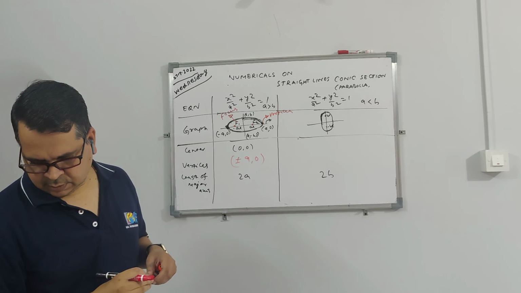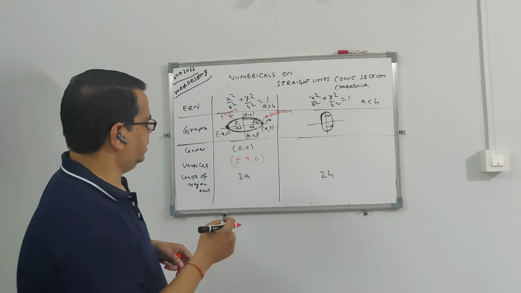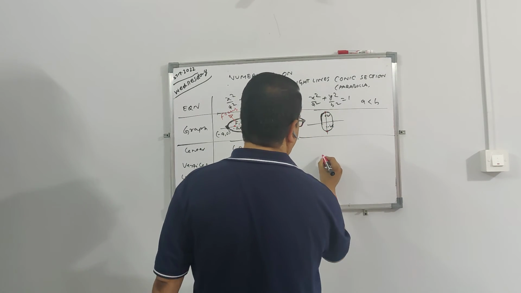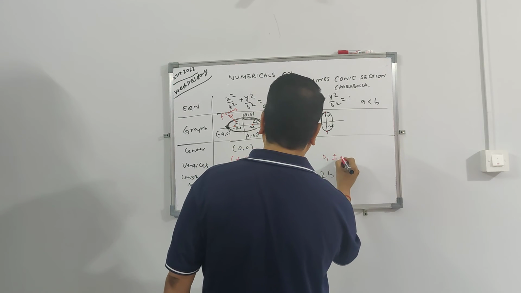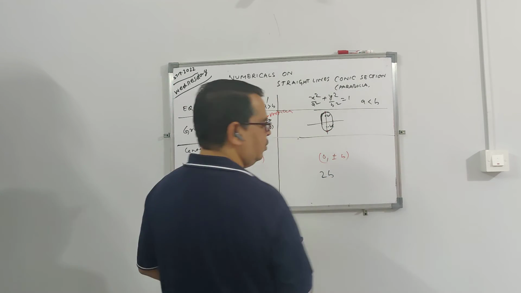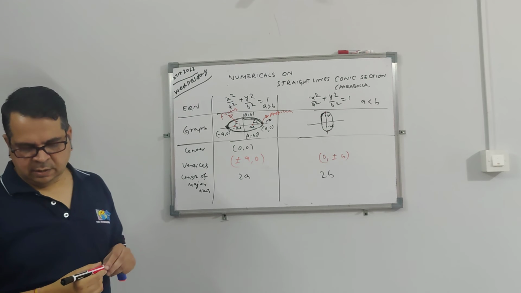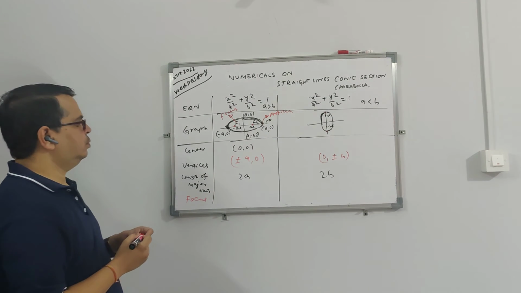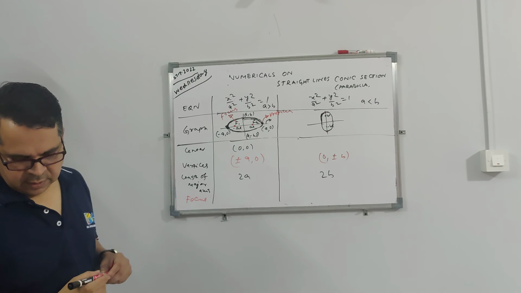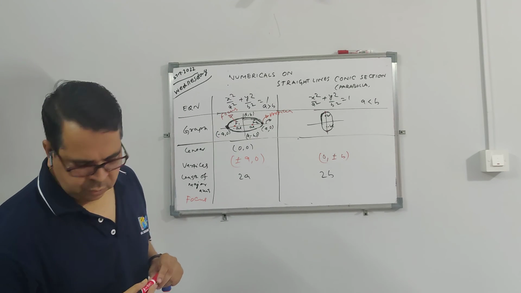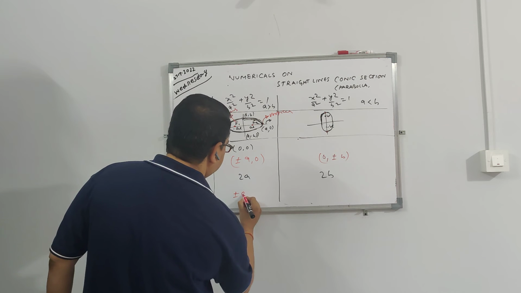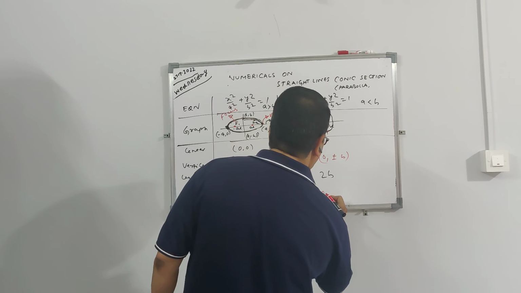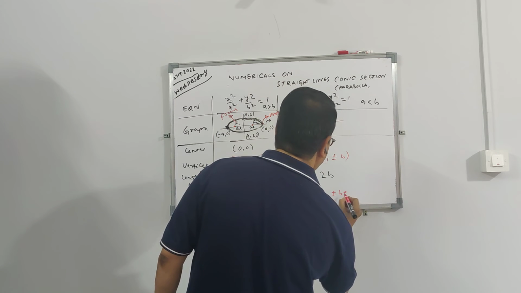And here these are the vertices, so it will be 0, plus or minus b. But what is the coordinate of the focus? The coordinate of the focus is plus or minus ae, 0. Here it is 0, plus or minus be. So this e is your eccentricity.